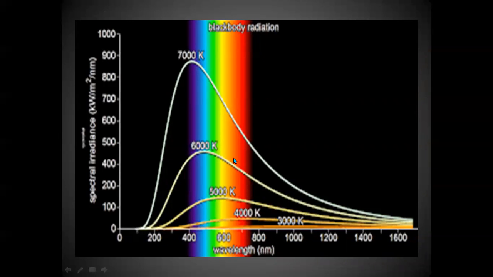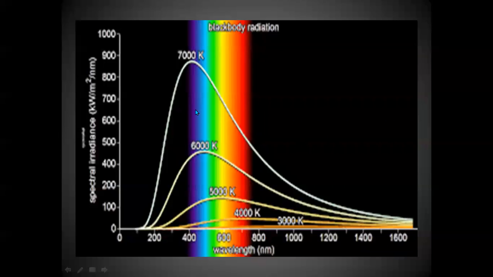Again, the same graph can be seen. As I told you just now, this region contains more energy than this. Why? Because beyond this we have ultraviolet, X-rays and gamma rays.